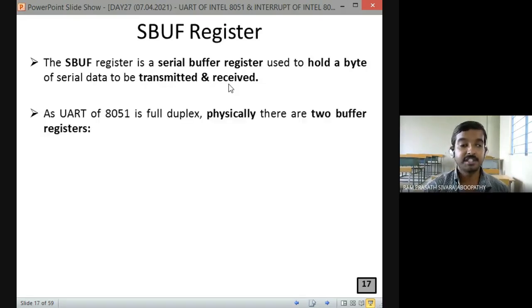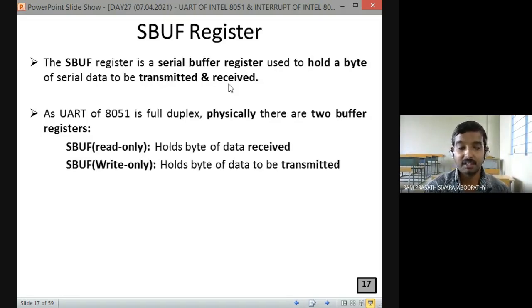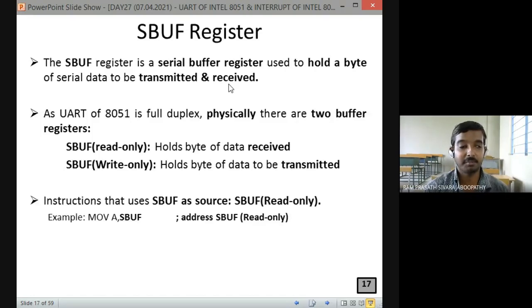That means physically we have two buffer registers. One is SBUF read only for reception, the other is SBUF write only for transmission. When is read-only SBUF accessed and when is write-only SBUF accessed? Look at the instruction that uses SBUF as the source: MOV A, SBUF.